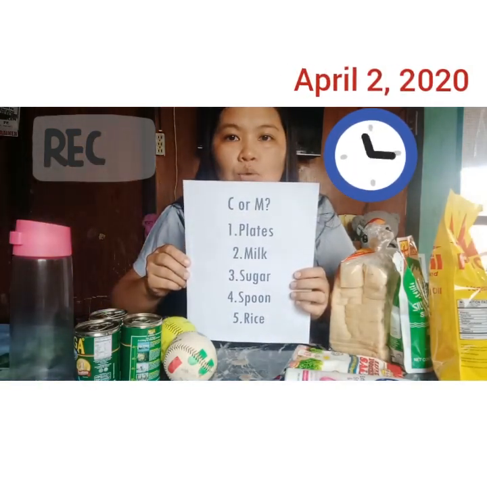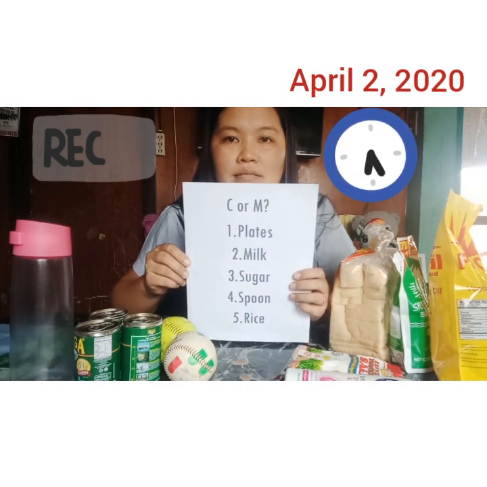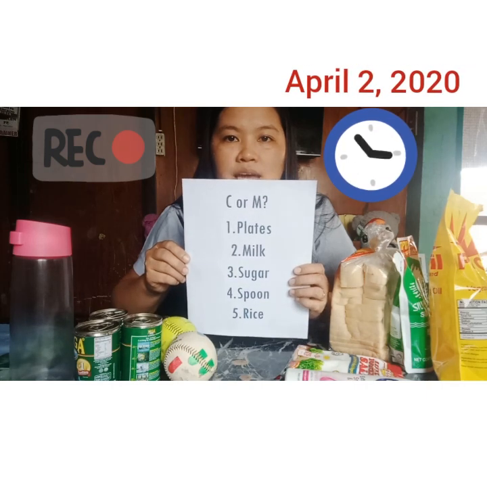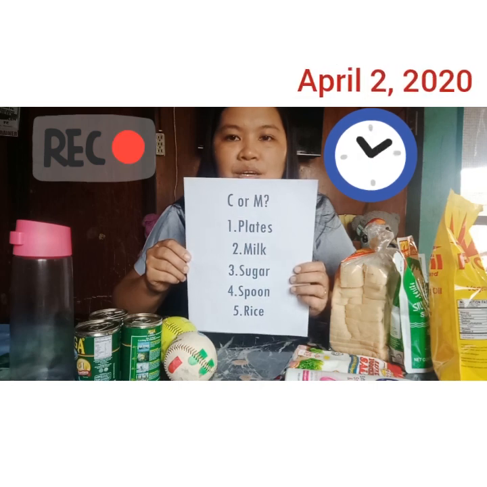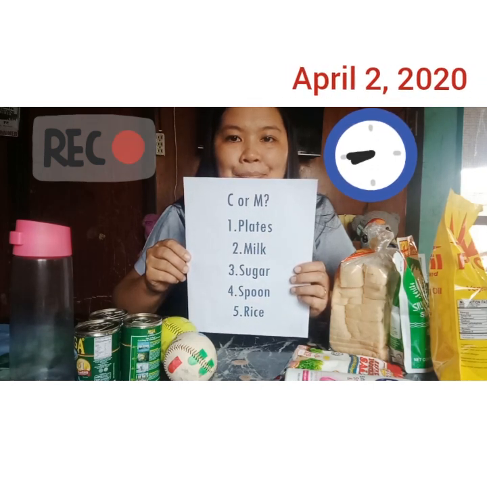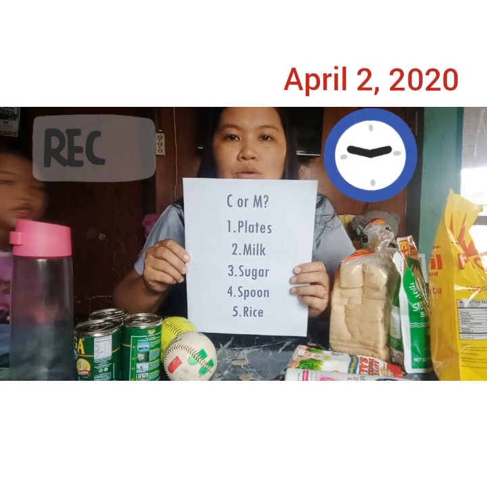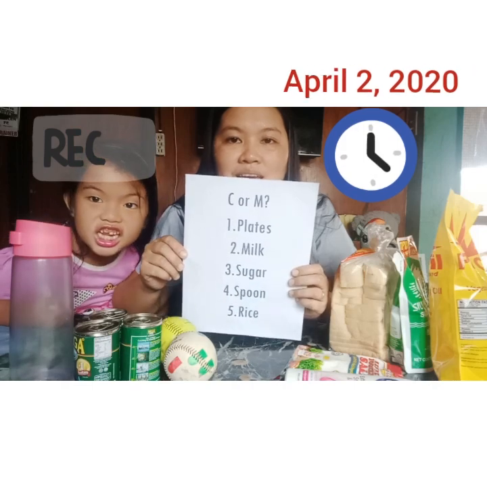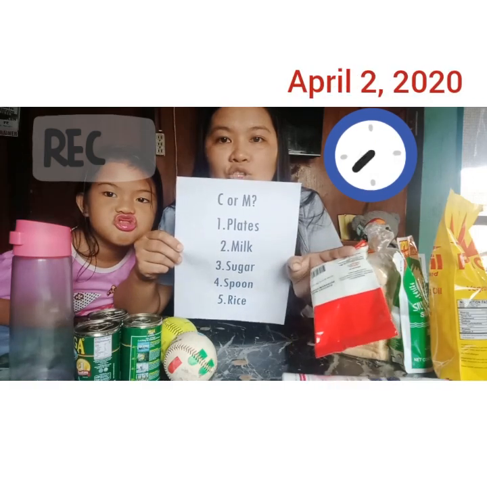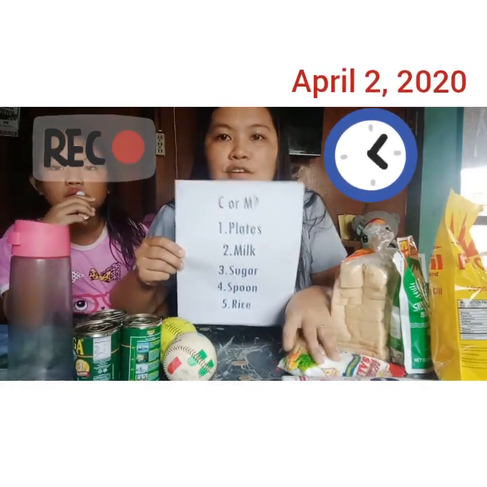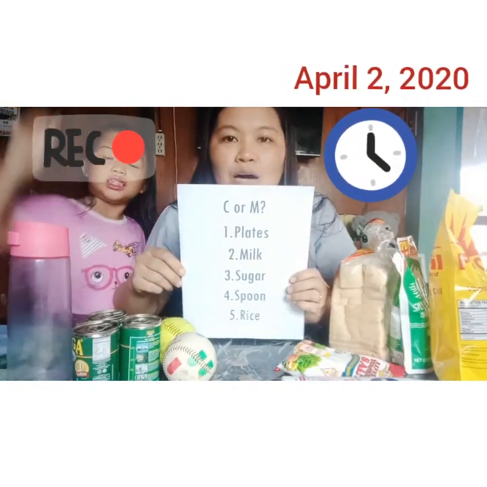We have here number 1, plates. C. Try to count your plates in the kitchen. 2, milk. M. Milk is a mass noun. 3, sugar is also a mass noun, just like the salt. 4, spoon is count.